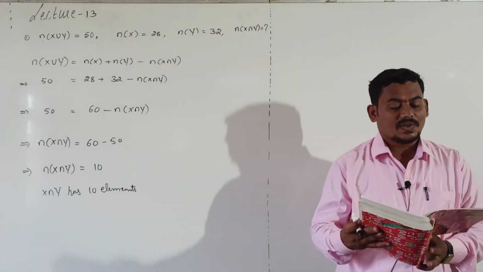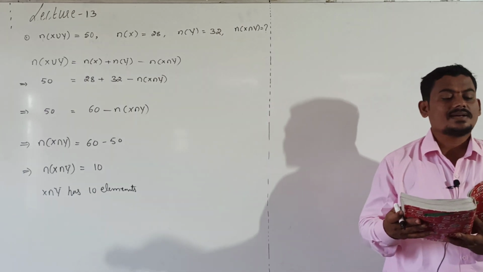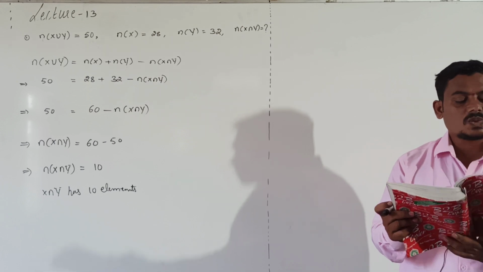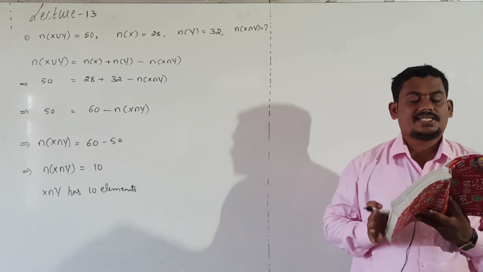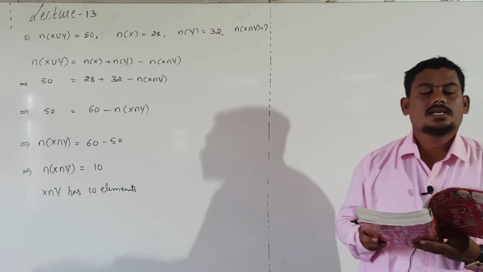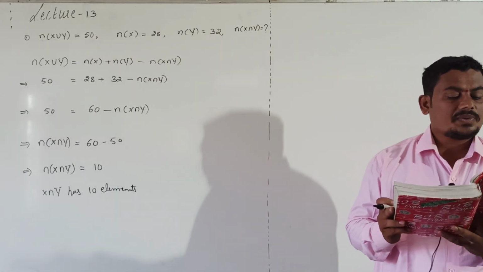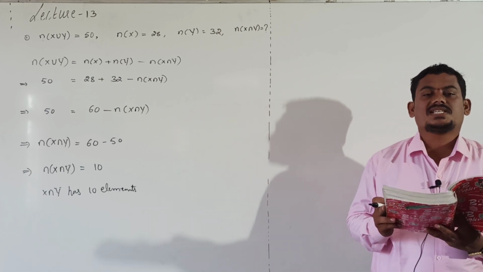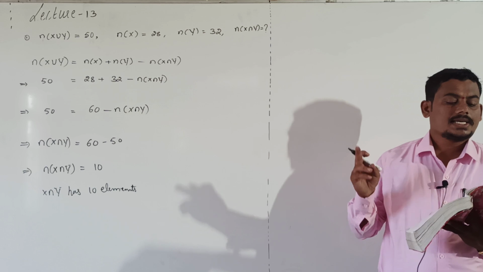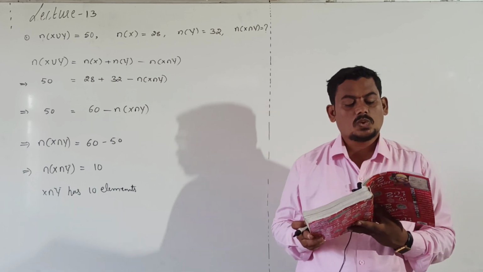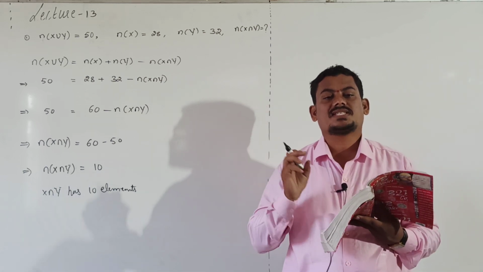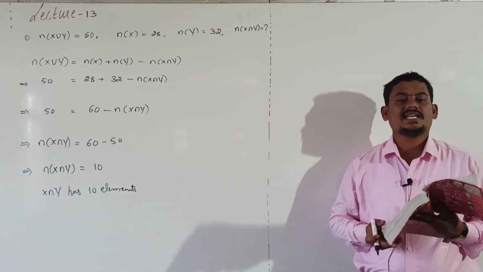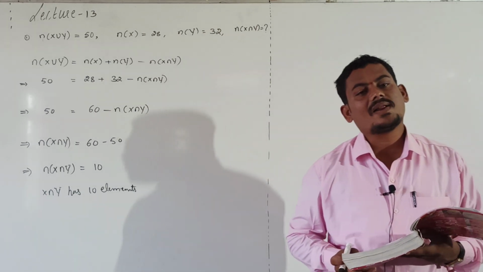Example 24 in page number 22. In a school there are 20 teachers who teach mathematics or physics. 20 teachers teach either mathematics or physics.